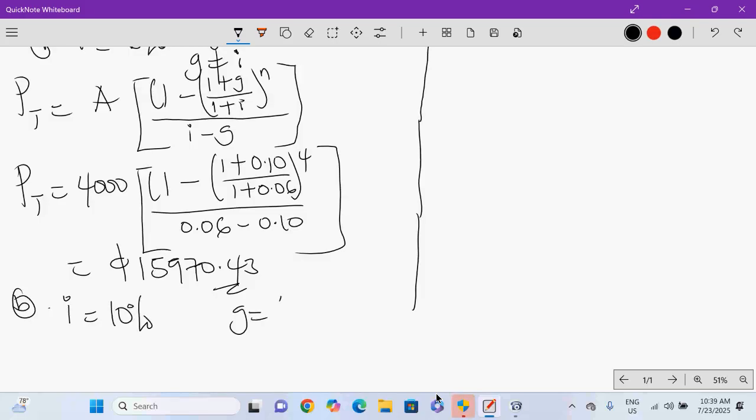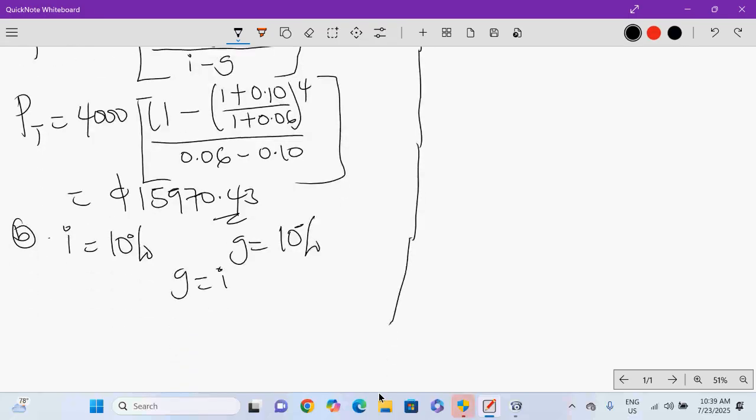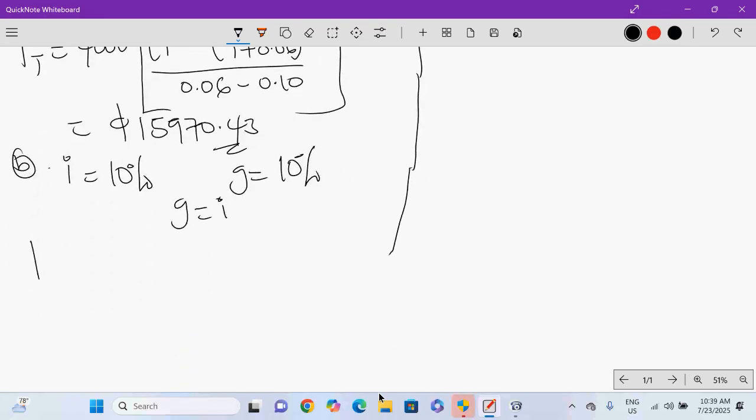And what is the growth rate? The growth rate is also 10%. So here the G is equal to the I. If the G is equal to the I, then what do we use? Then we are going to use PV = A × N / (1 + I).